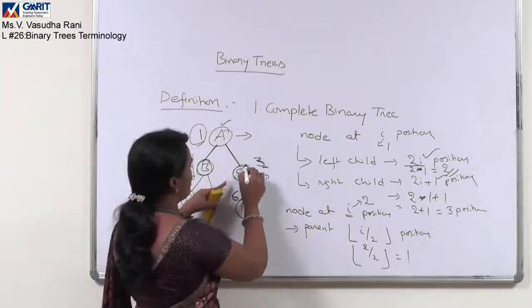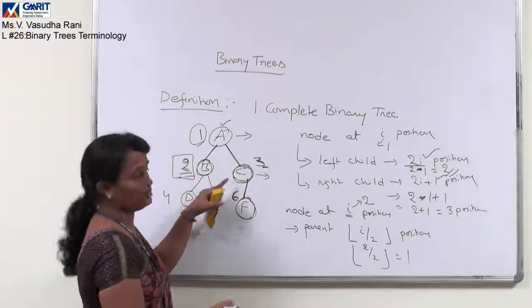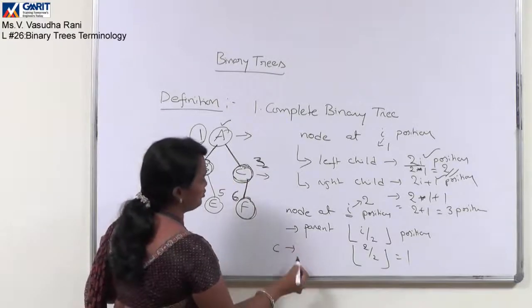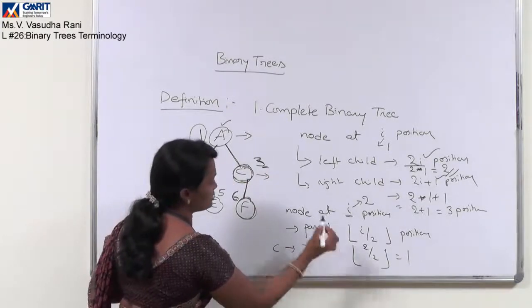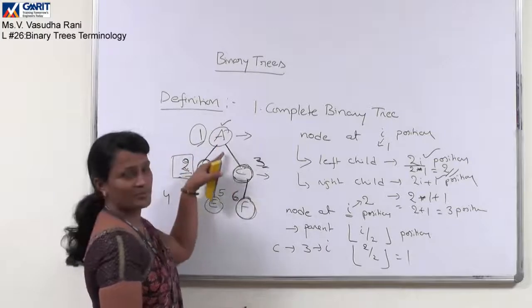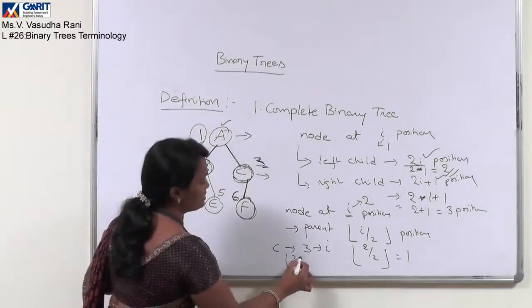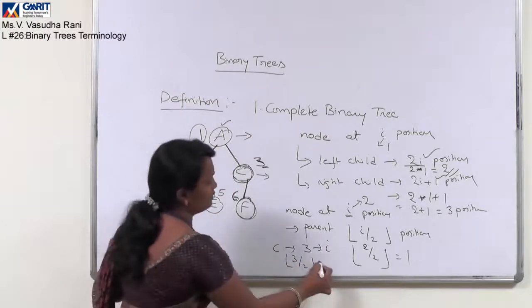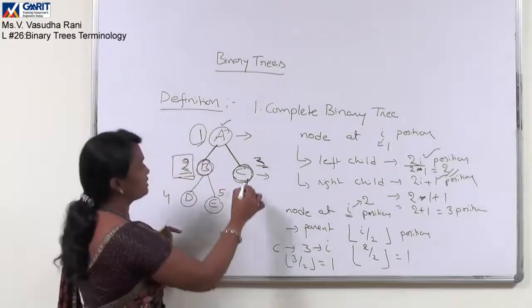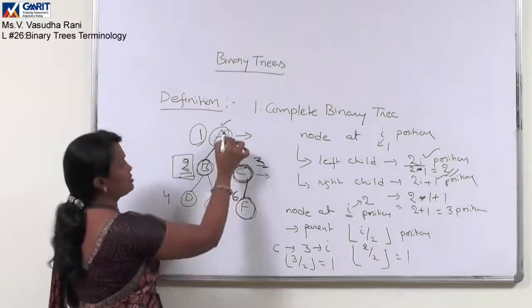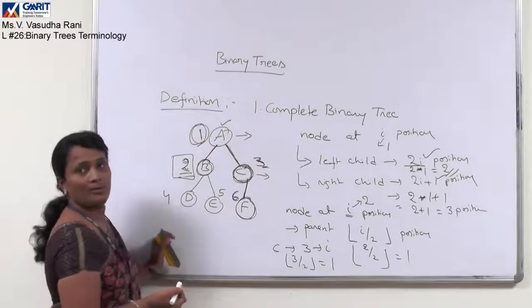And coming to this C node, C is at position 3. So i is 3. Its parent is the integer part of 3 by 2, which is 1. So for node 3, its parent is also at position 1.